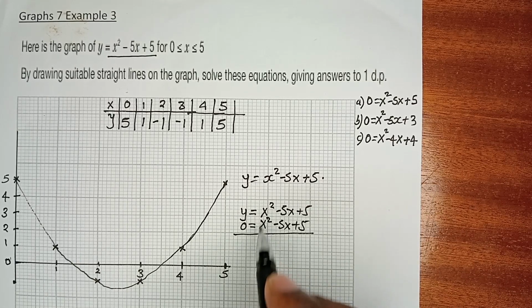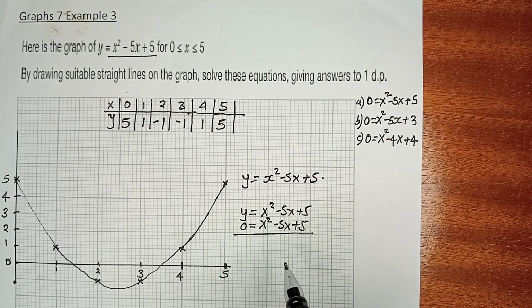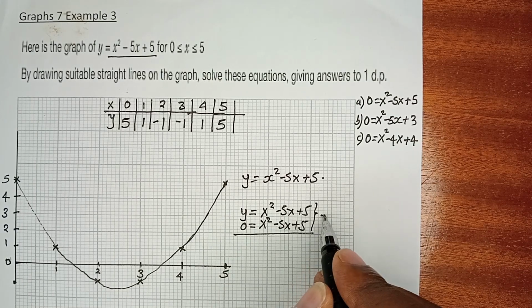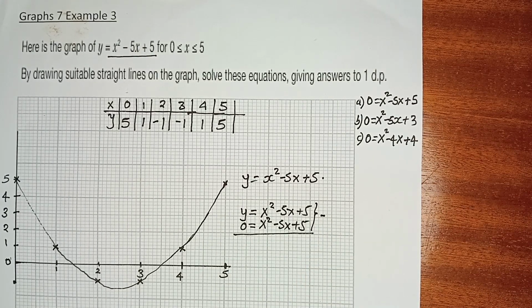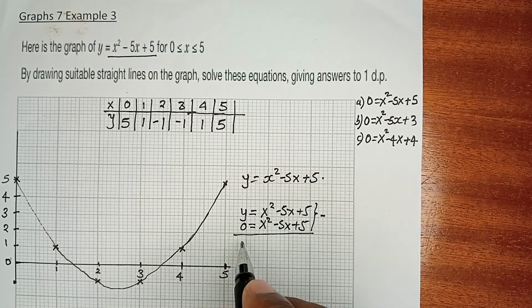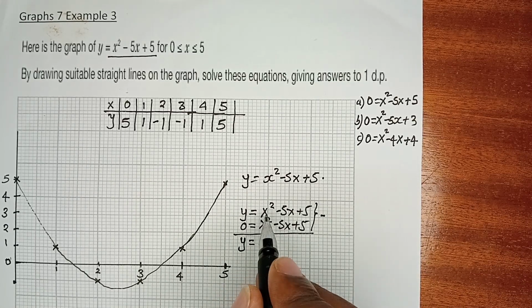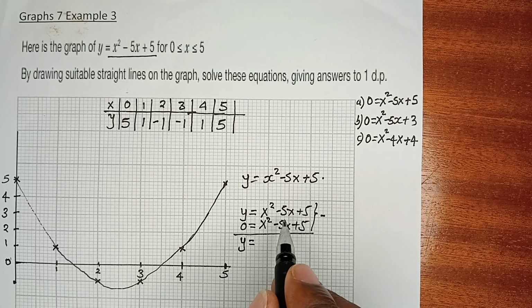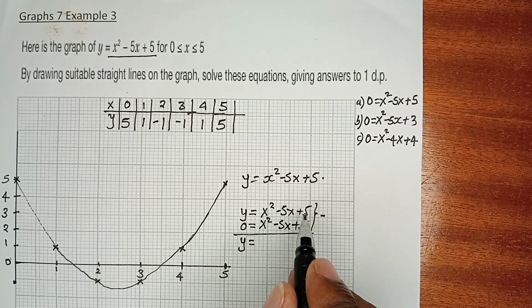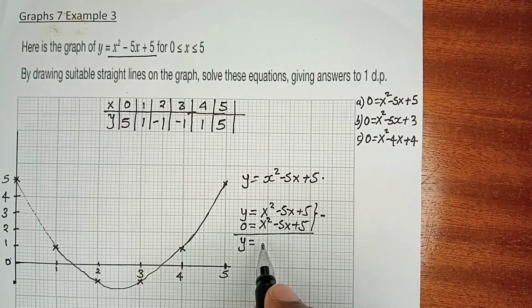We are dealing with the same signs of the term that we want to eliminate, which is positive, and therefore we are subtracting the two equations. Let's have y minus 0 is y, x squared minus x squared is 0, minus 5x minus 5x is also 0, 5 minus 5 is also 0. So in a nutshell, we have the equation y equals 0.